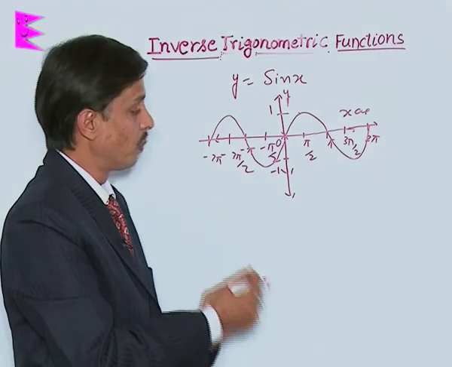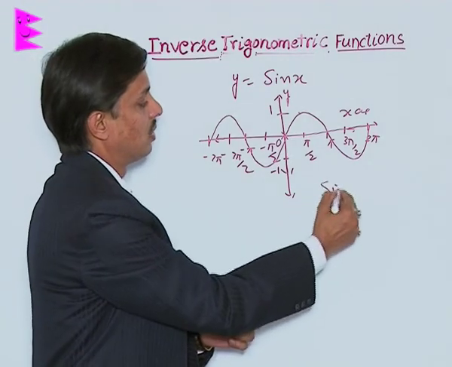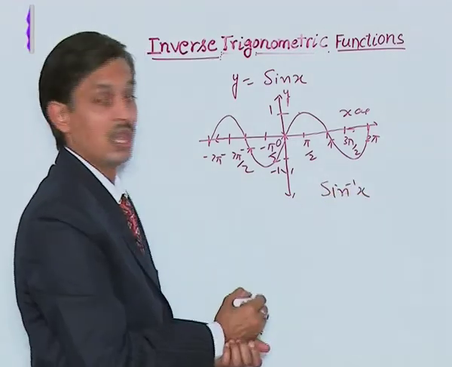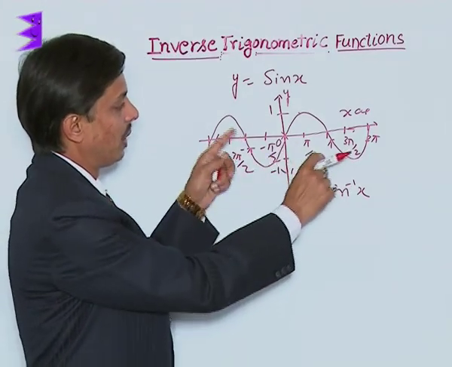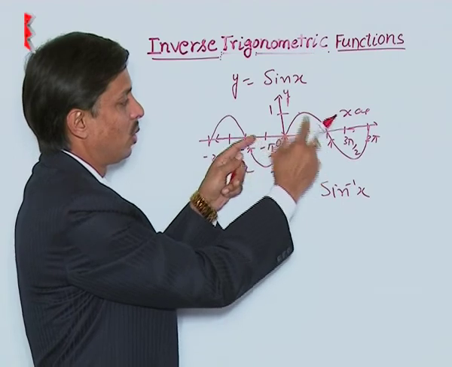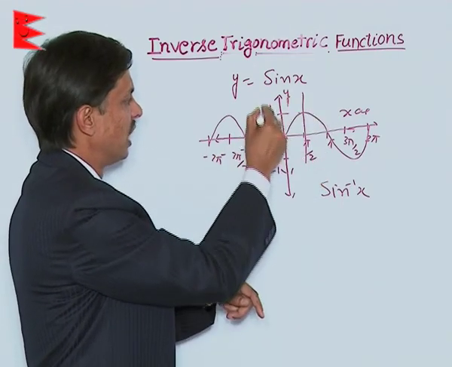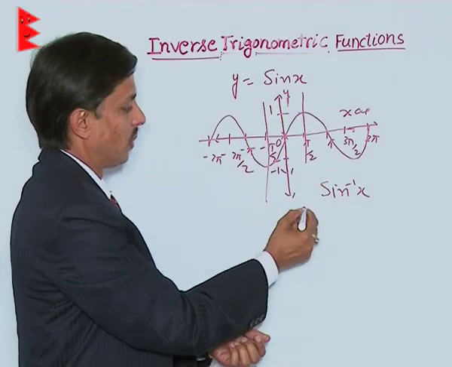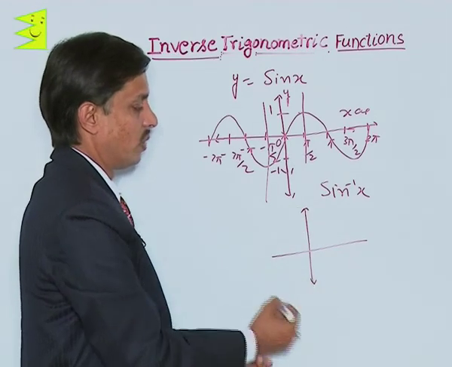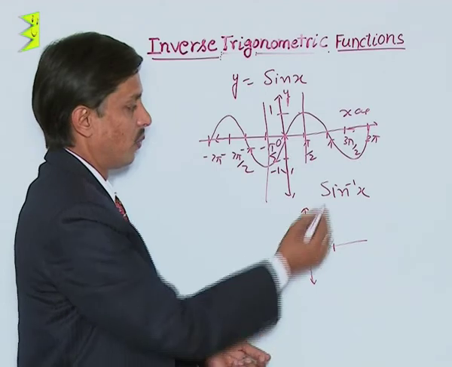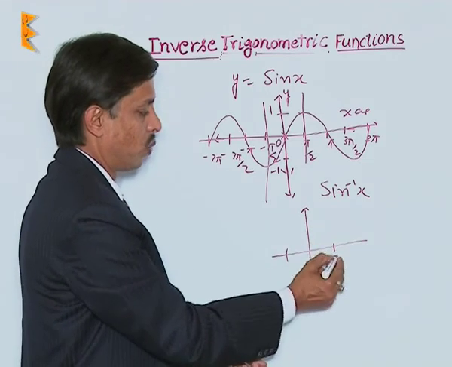If I ask you to plot the graph of sin inverse x only in the principal domain, the principal branch is minus pi by 2 to plus pi by 2. So to get the inverse, we will take the value of x as 1.